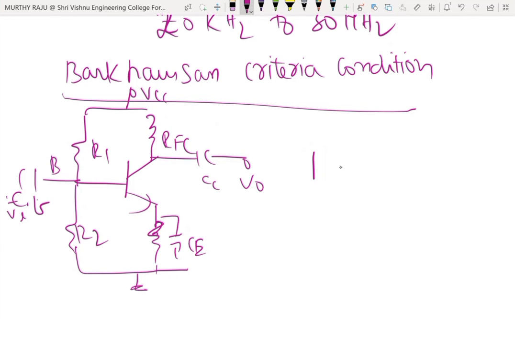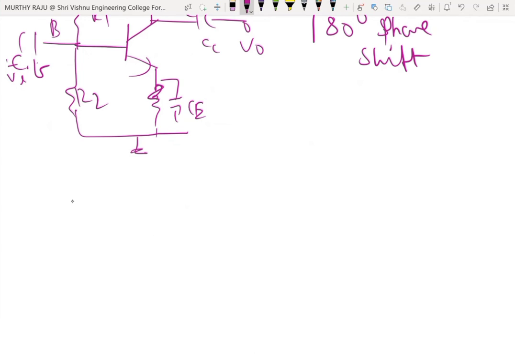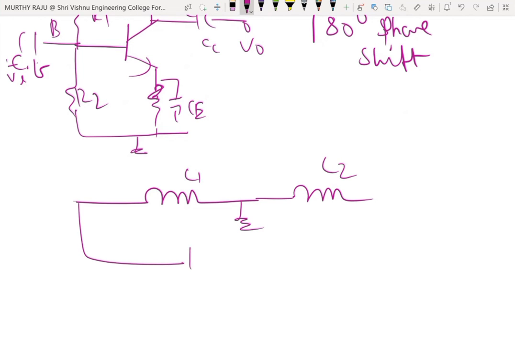This CE amplifier configuration introduces 180 degrees phase shift. And this is the tank circuit inductance. These two inductances are connected in series to ground, and one capacitor is connected as a shunt across these two inductors.